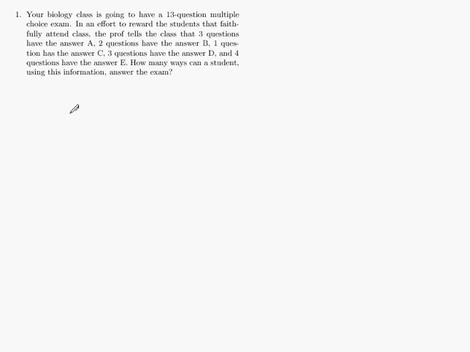If we think about this, one way of answering this exam is, well, those are 3 A's, 2 B's, a C, 3 D's, and our 4 E's. If I wanted another way of answering the exam, I would shuffle the letters around.